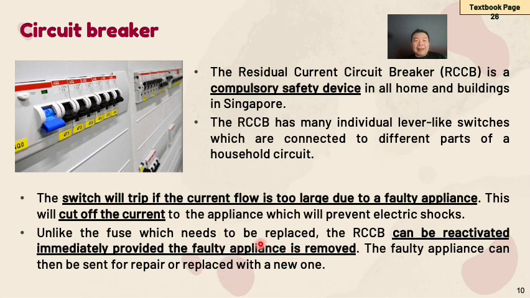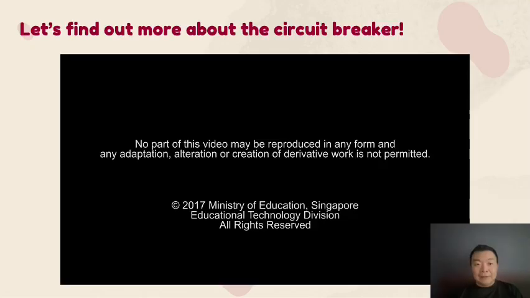So unlike a fuse, the residual current circuit breaker can be easily reset by just switching up the switch once you remove the faulty appliance. Let us now watch a video to see how a circuit breaker works.